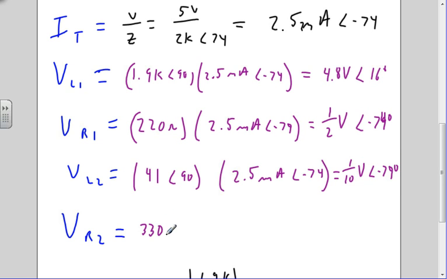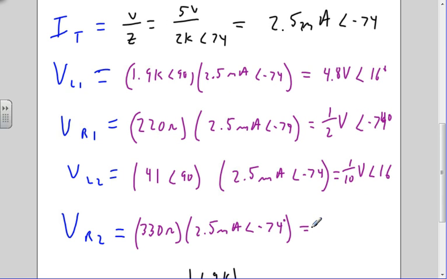330 times 2.5 milliamps, angle minus 74. Is that angle 6? So, why angle 16? Oh, this right over here? Yeah, I was just trying to see if anybody would catch it. 16.